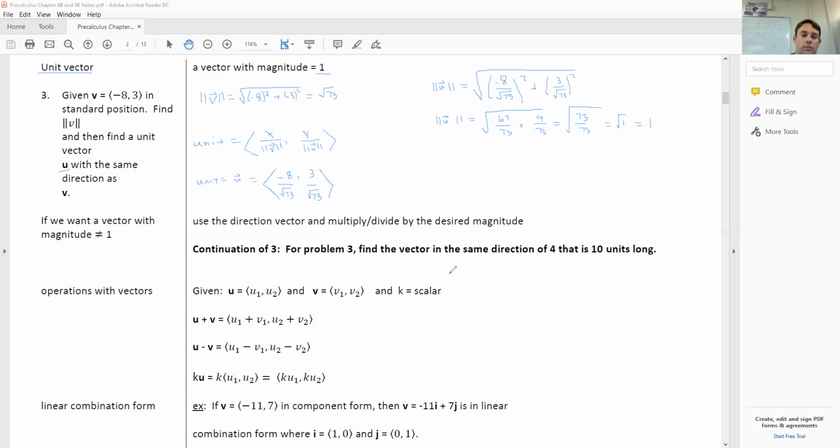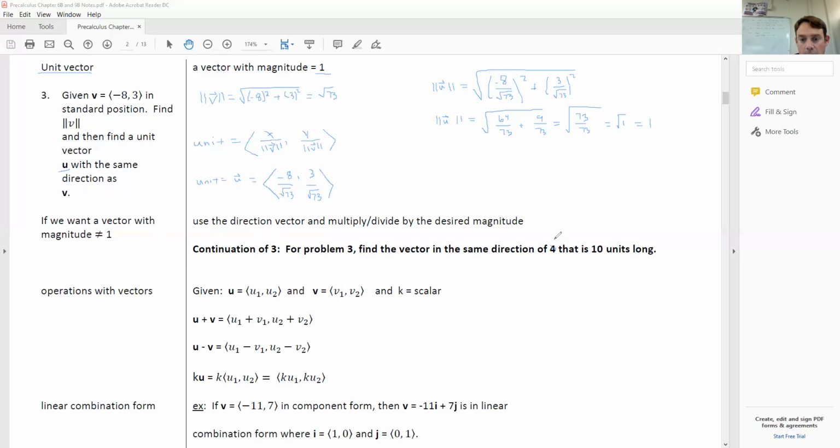So if we want a magnitude that's not equal to 1, you just take that magnitude that you want and multiply it by the components of the unit vector. So for instance, let's take problem 3. It says find the vector in the same direction.